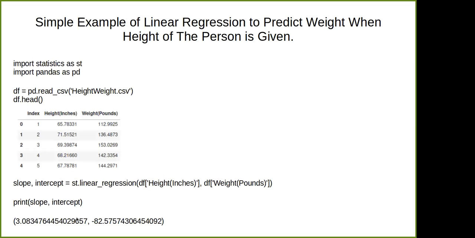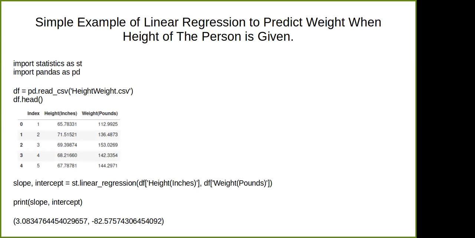The purpose of linear regression is to establish a relationship between dependent variables and independent variables. For example, this is one use case which you're seeing on the screen: predicting weight with respect to height.